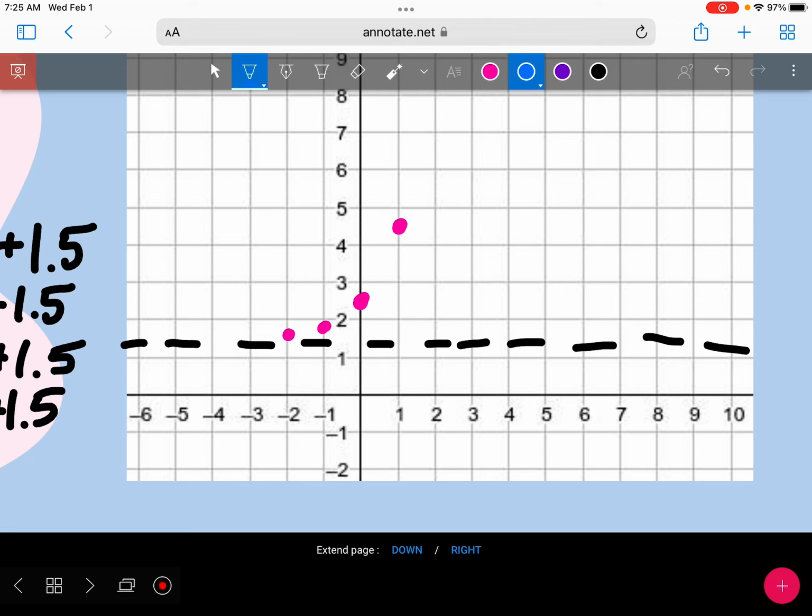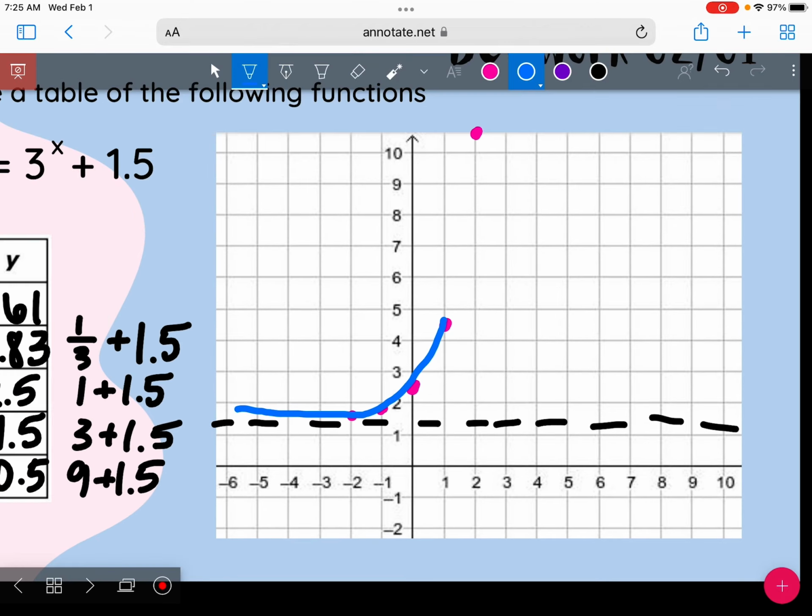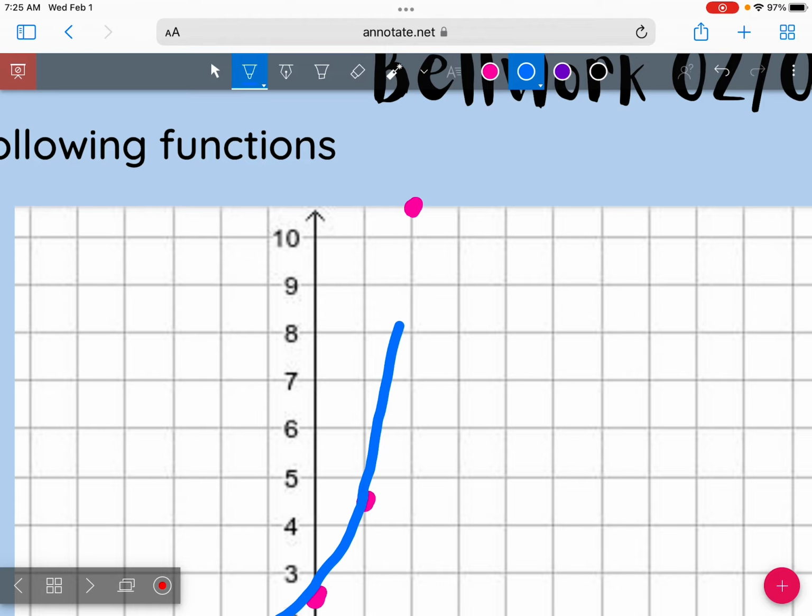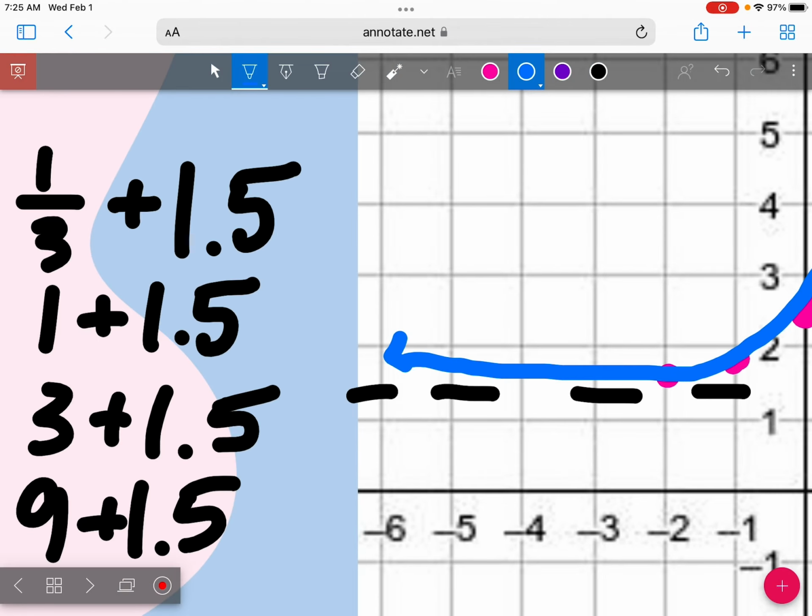So our graph is going to look like this. All right? Everyone got on bell work on this practice?